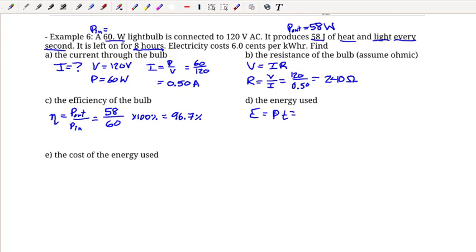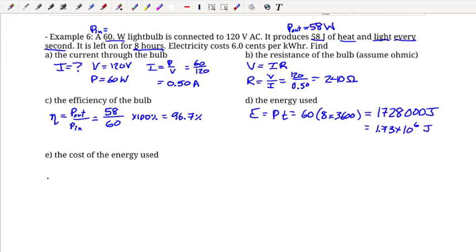The energy used is power 60 watts times time, well, 8 hours times 3,600 seconds per hour is going to give me an answer of 1,728,000 joules, or to 3 sig figs, 1.73 times 10 to the 6 joules.